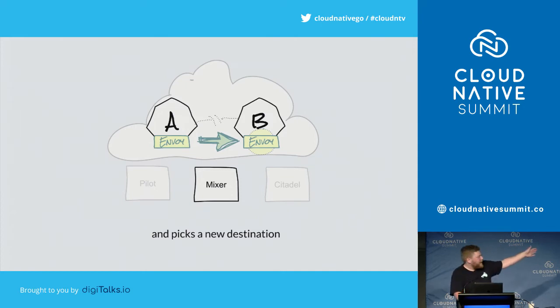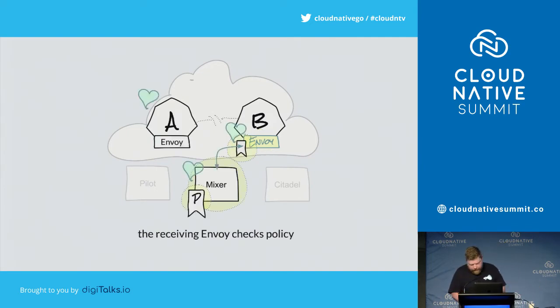So client-side Envoy picks a destination and forwards that request. It doesn't even necessarily know that there's an Envoy on the other side. It doesn't really have to care. In this case, that Envoy grabs the request that's incoming to B, using the same capture mechanism, and it talks to Mixer to get a policy decision.